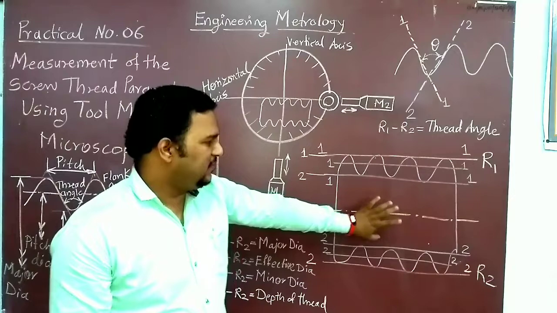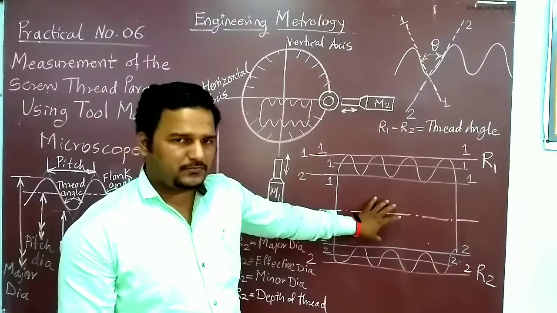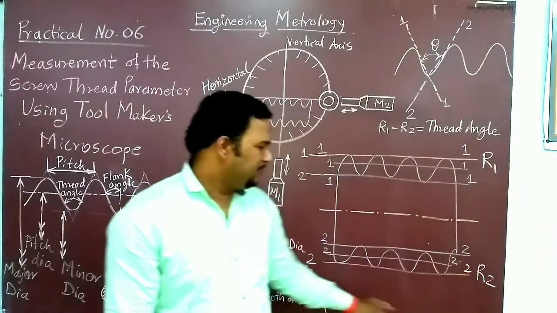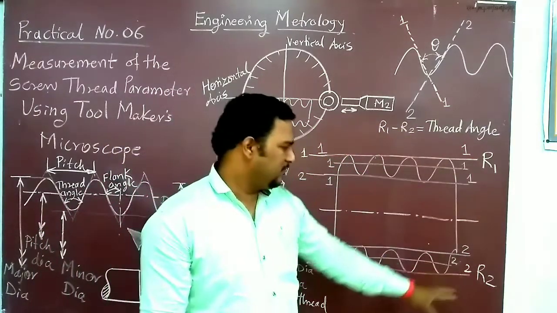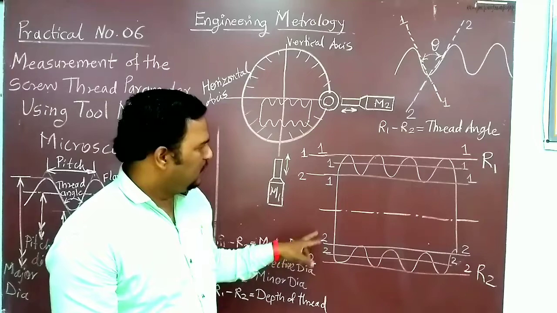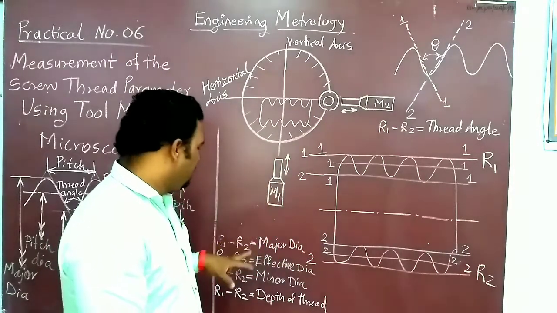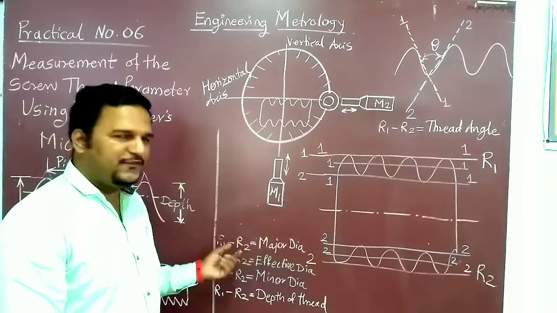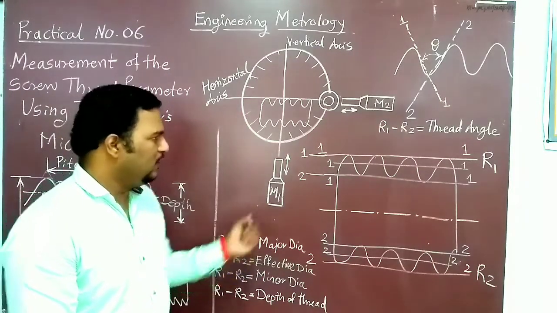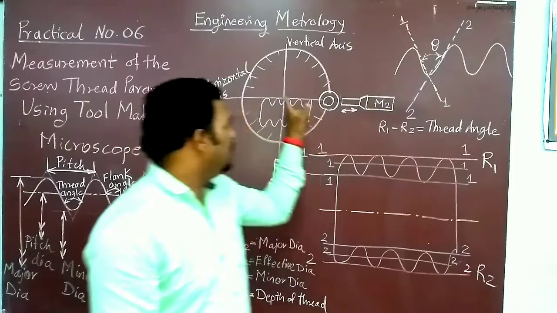Now here we have displayed the same again in a zoomed, or you can say exaggerated, figure. First we take the measured diameter. What is the measured diameter? Reading at 1, reading at 2: the difference between reading 1 and reading 2. At 1, we have the horizontal axis.